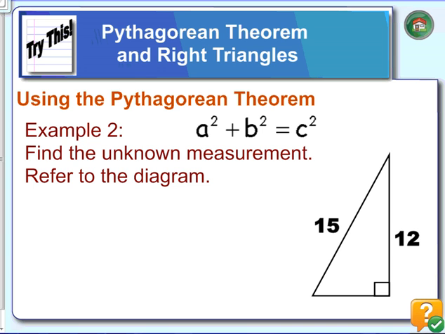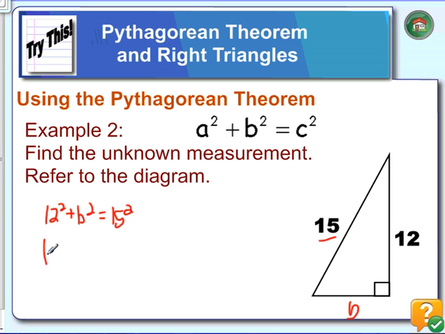All right, we'll do one more example. It says find the unknown measurement. In this example, we know a leg and the hypotenuse. Let's say we know A. So we're going to have 12 squared, but we don't know this other side, so we're going to call that B. We add b squared, and we set it equal to our hypotenuse, which is 15 squared.